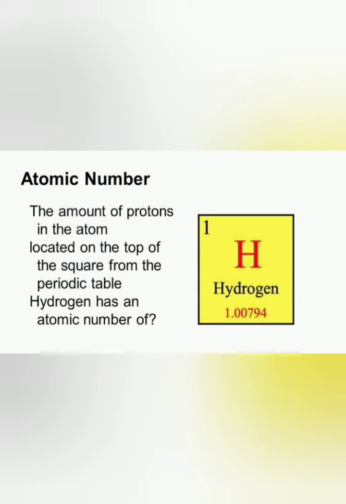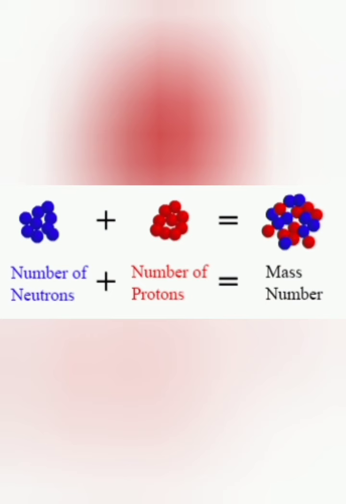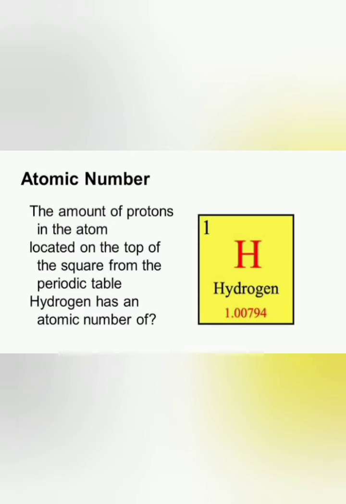Atomic number equals the number of protons or the number of electrons in an atom.